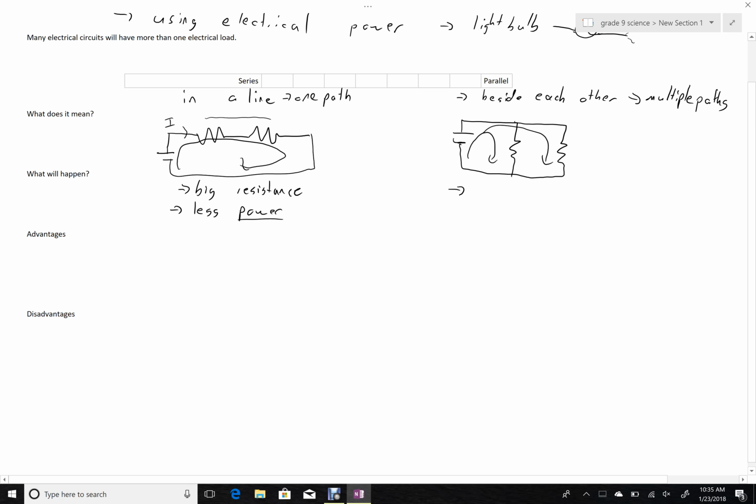Here, because we have multiple pathways, just like multiple highways to get around on the road, we're going to have a lower resistance. Here, each one of these resistors is being powered separately, so we end up using more power. And so this means brighter, but say shorter battery life.